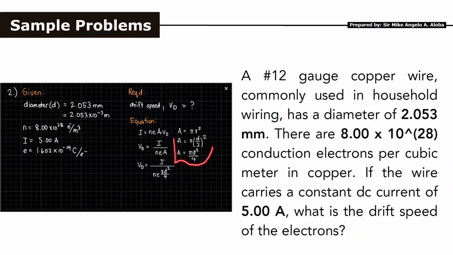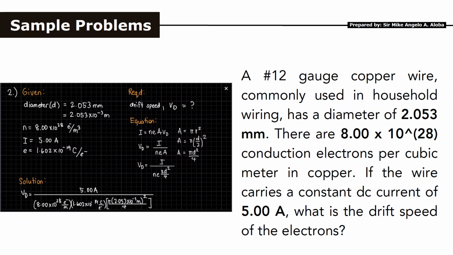Either of the following relations would work. Now, since we are looking for the drift velocity, we just need to plug that area into this, and you will get this one. So that would be the formula for the drift speed.